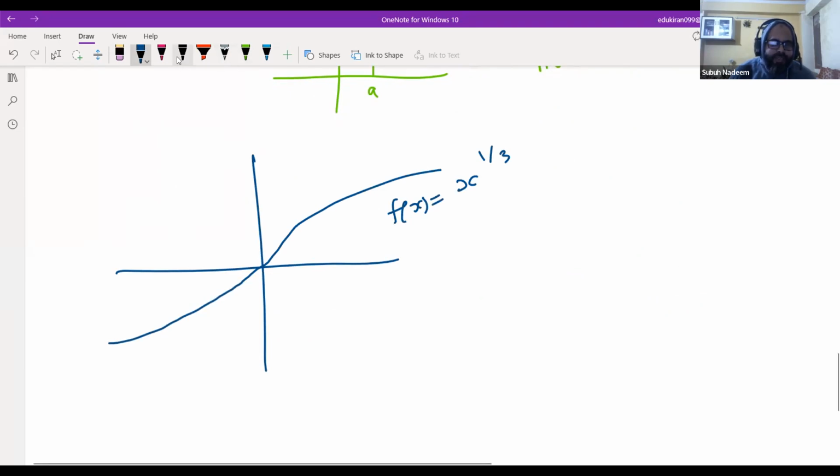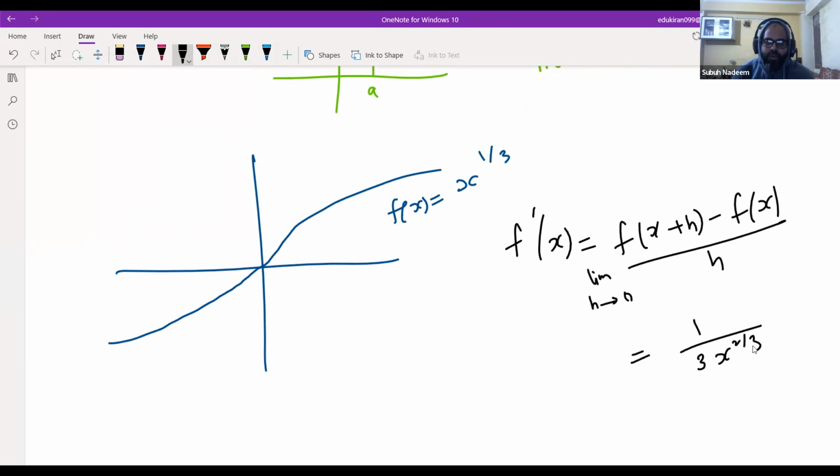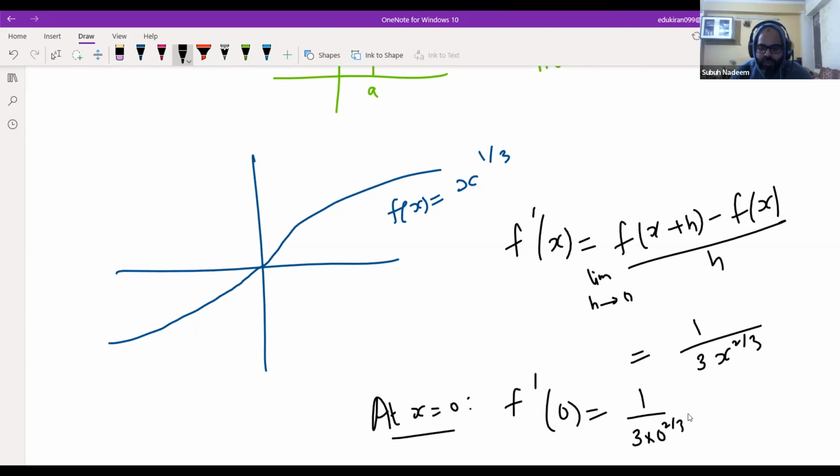When you find its derivative, f dash of x, it will come out to be, by f(x+h)... I'm not going into the steps of differentiation. I'm just telling you, if you differentiate it, you will get 1 by 3 x to the power 2 by 3 in the denominator. So at x equal to 0, you observe that f dash of 0 will be 1 by 3 into 0 to the power 2 by 3, which is undefined.